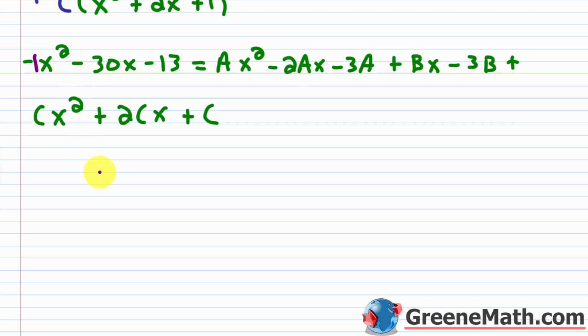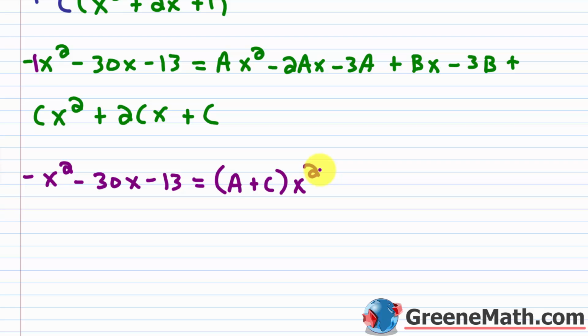Basically, I have my negative x squared minus 30x minus 13 is equal to, so everything with an x squared. You have ax squared and you have cx squared. So I'm going to have a plus c as that coefficient, times x squared. I'm going to check these off as I go so I can keep track of what I've used. Then I'm looking for everything with an x. So you've got an x here, and also here.